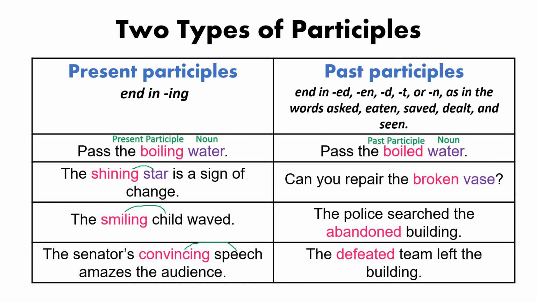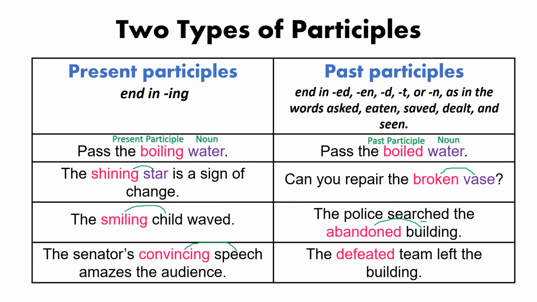Now let's take a look at the other examples for the past participle. We have: can you repair the broken vase? Broken is your past participle that describes the noun vase. Next: the police searched the abandoned building. Abandoned is your past participle describing the noun building.